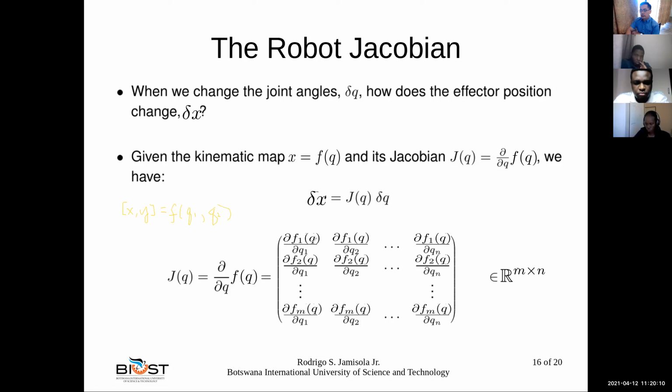Okay, so the F1 of Q is X. That is the first component of that.